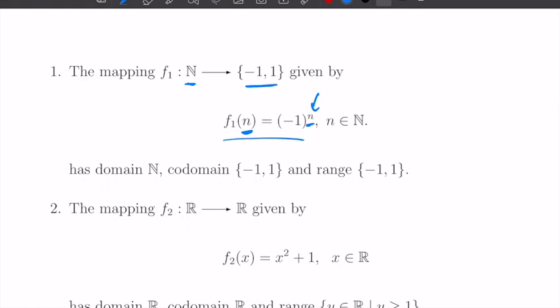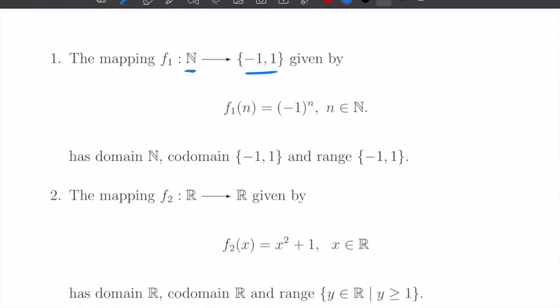If you put any natural number here, you get either +1 or -1. When n is odd, this will be -1. When n is even, this will be +1. So in this case, this is the domain, and this is the codomain, and the range is the same as the codomain.